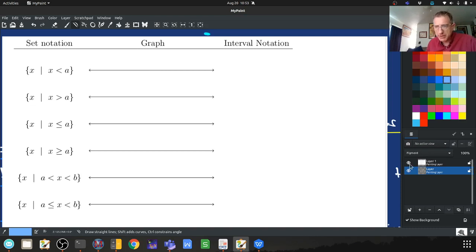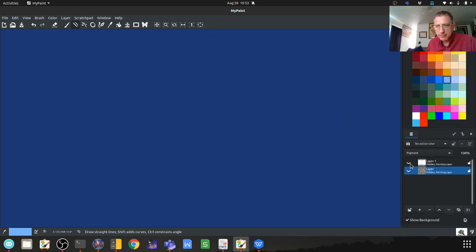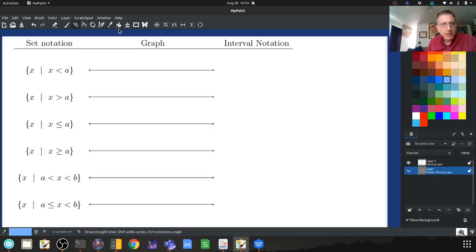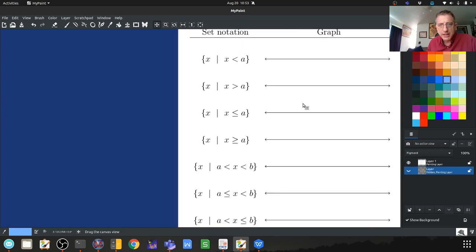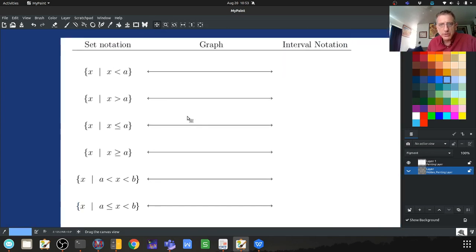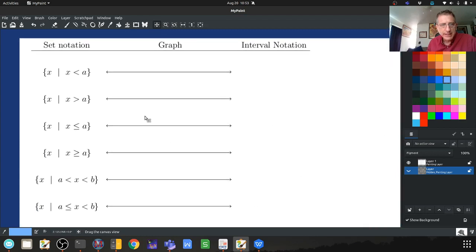Well, let's do this then. So I'll just use this as reference. I thought in the past I was able to draw on these. That's okay. So let's just do the first one here. We'll just do it this way. We'll turn off this layer altogether.